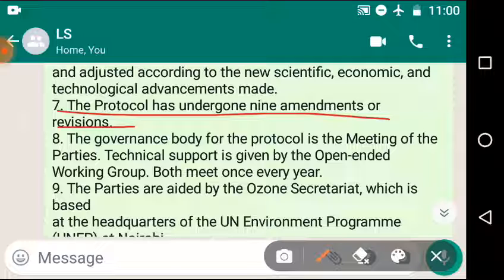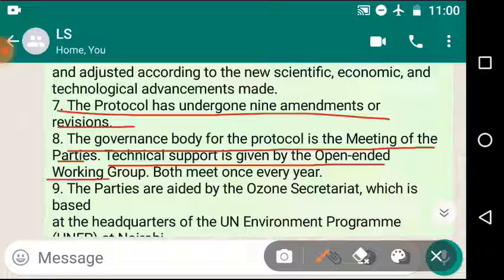The governance body of the protocol is the meeting of the parties. Technical support is given by the open-ended working group. So in the Montreal Protocol, the governance body is the meeting of the parties.